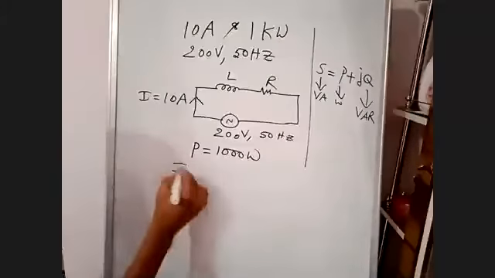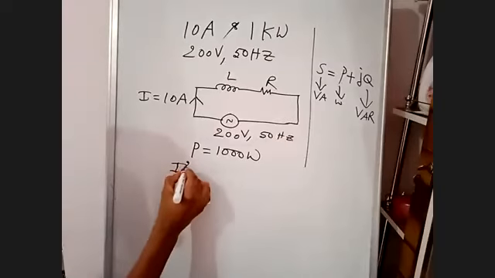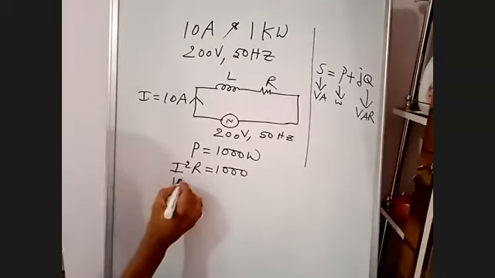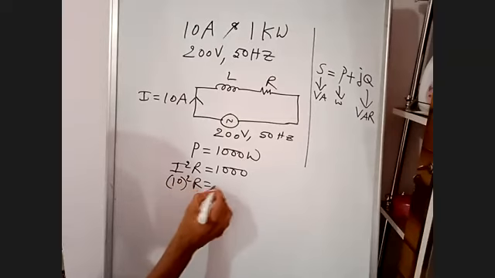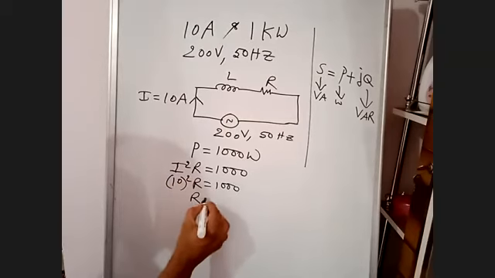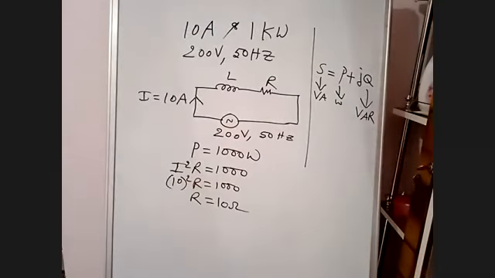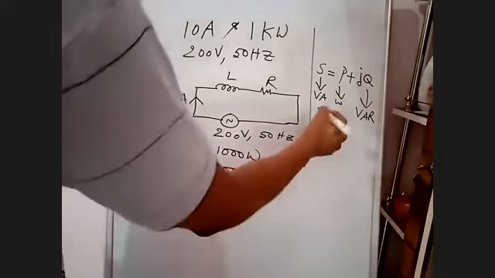First, P is equal to I square R. I is 10. So from the formula I have determined the R value, because the formula for P is I square R. What is the formula for S?